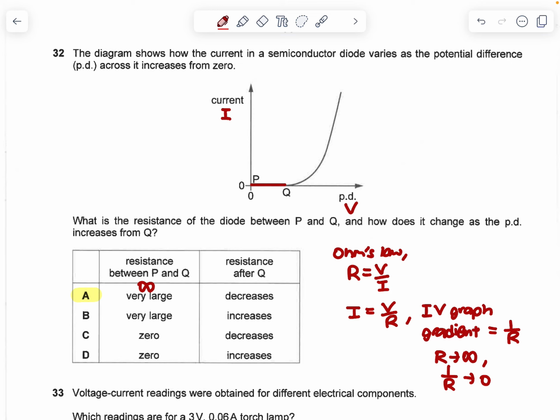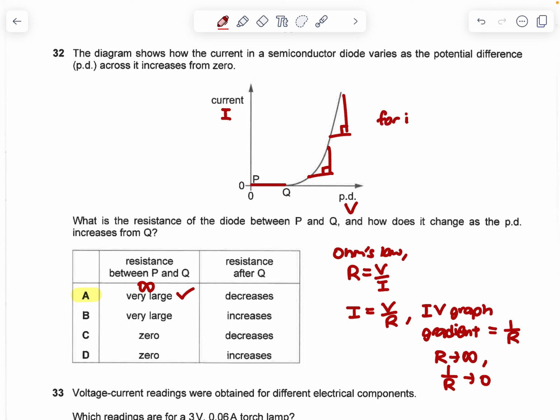Okay, so for the first part, the resistance between P and Q is infinity. Then what's the resistance after Q? As we know, the gradient is 1 over R, so we can look at the gradient. The gradient is increasing.